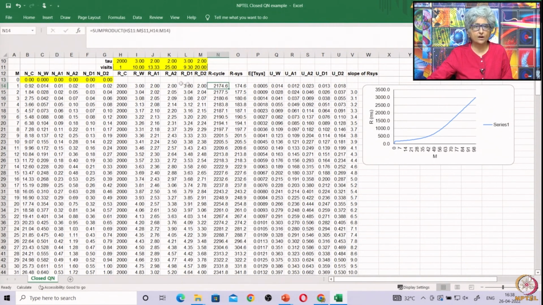Then the cycle time is actually the sum product, meaning we are doing the Vi tau i summation of row number 11, which is this row. Then the particular row that we have to multiply: for m equal to 1 this is going to be Vi tau i, but for the larger m's, our cycle time should be Vi Ri.